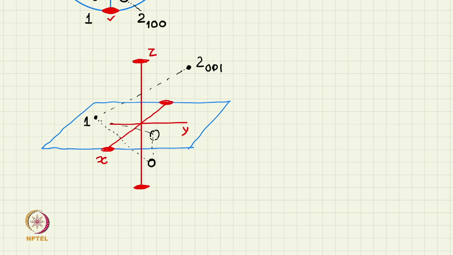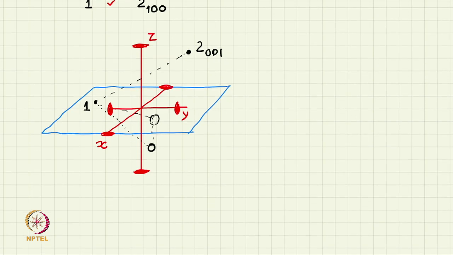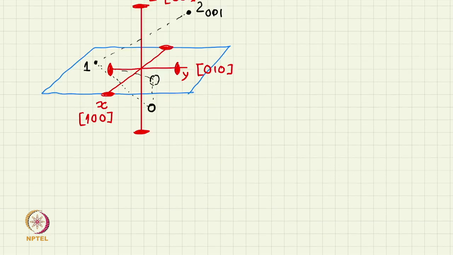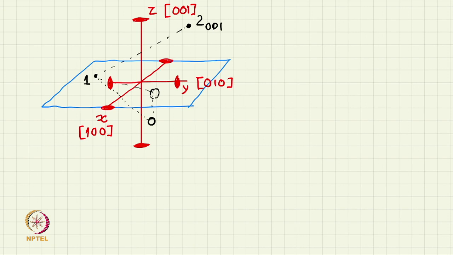So, we can write the matrices for these two-fold rotations. This is 1 0 0, this is 0 1 0 and this is 0 0 1. Let us now develop the matrices for these various rotations. First we will develop the matrix for 2 0 1 0, the 180 degree rotation about the y axis.